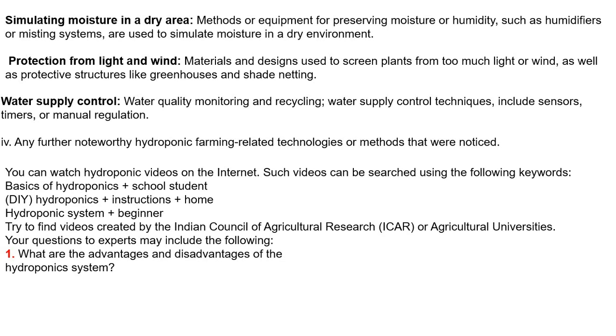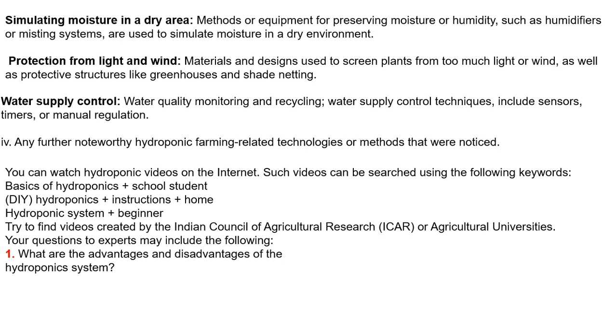Okay, next. You can watch hydroponic videos on the internet. Such videos can be searched using the following keywords: Basics of Hydroponics plus School Student, DIY Hydroponics plus Instructions plus Home, Hydroponic System plus Beginner.